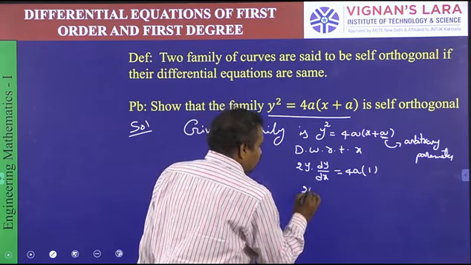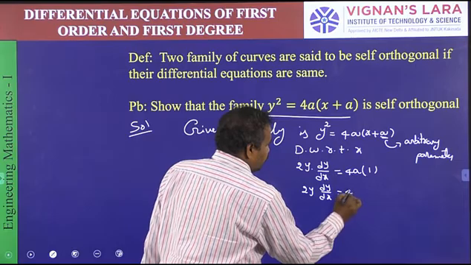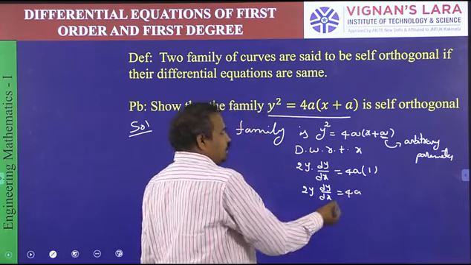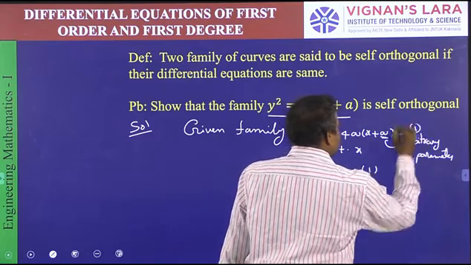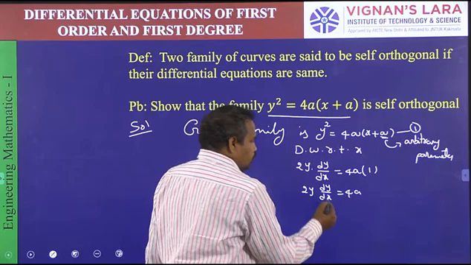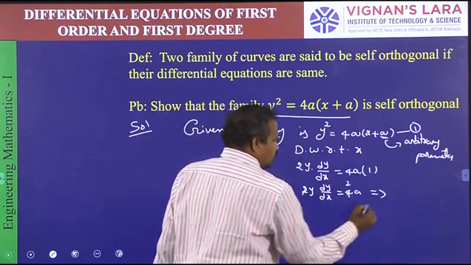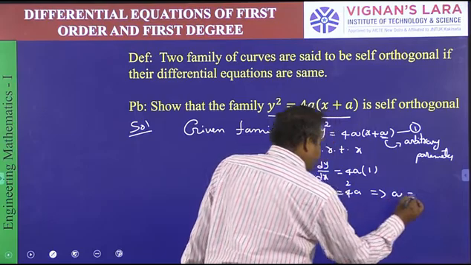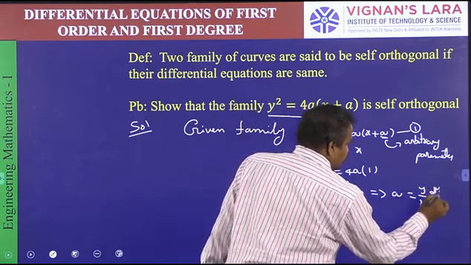So 2y into dy by dx is equal to 4a. Here a does not eliminate yet, so use this and this to eliminate the value of a. From this, what is the value of a? The 2 cancels: a is equal to y by 2 into dy by dx.